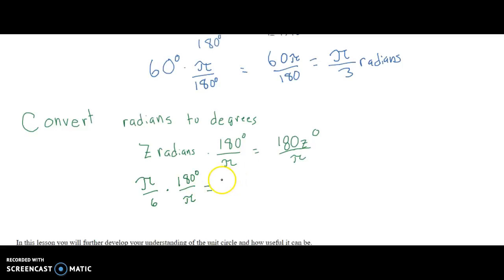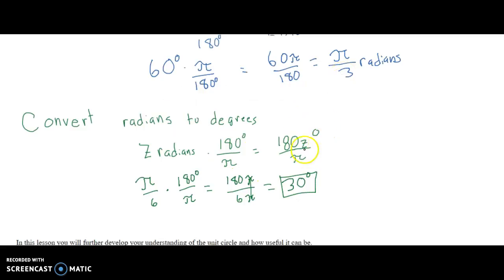The radians cancel each other out, and we get 180 pi over 6 pi. Immediately we see those pi's cancel out, and we're left with 180 divided by 6, which becomes 30 degrees. And so we see pi over 6 is the same as 30 degrees.